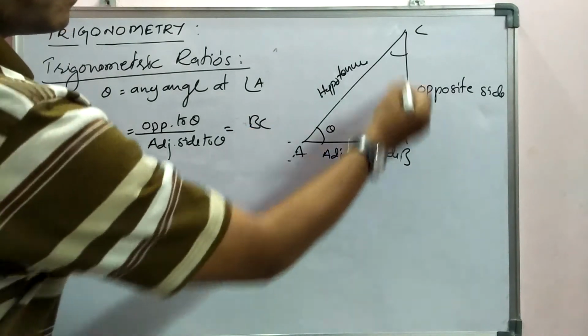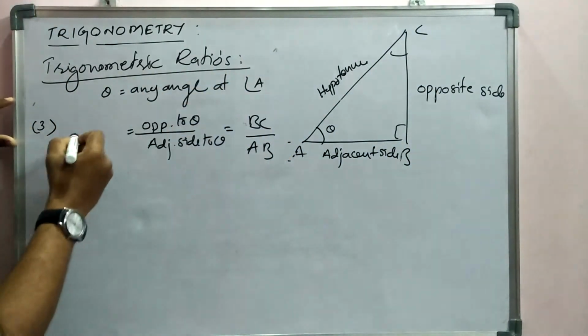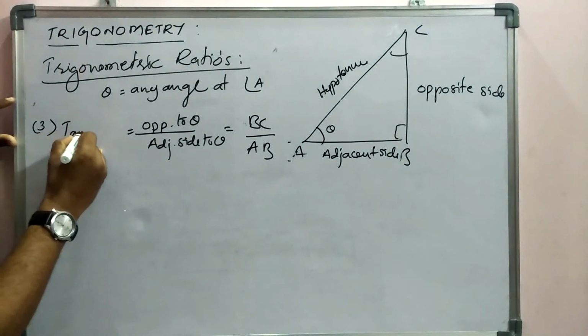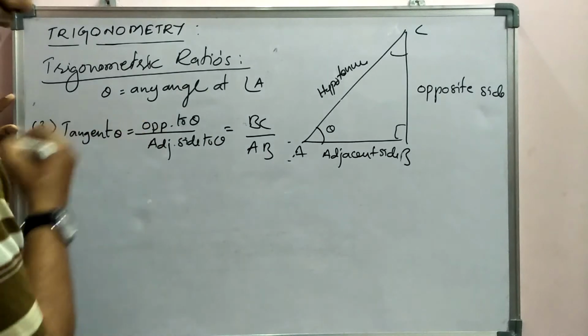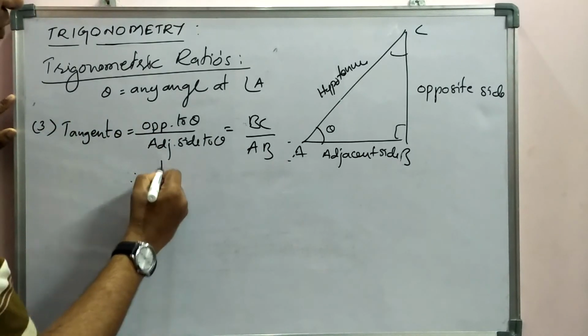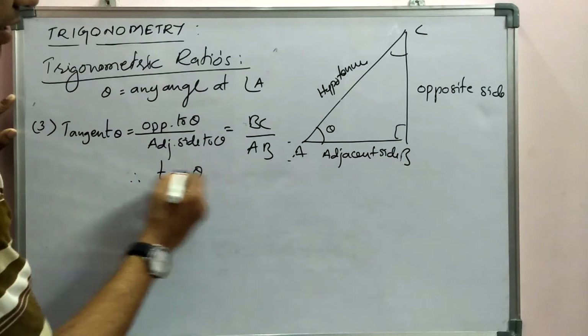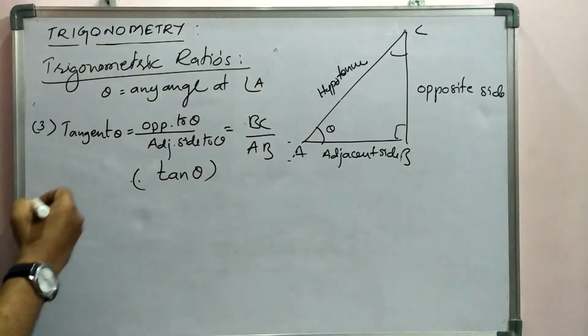BC, by adjacent side to theta, AB. For this it is given the name tangent theta, which in short form we pronounce as tan theta. So now three ratios are finished.